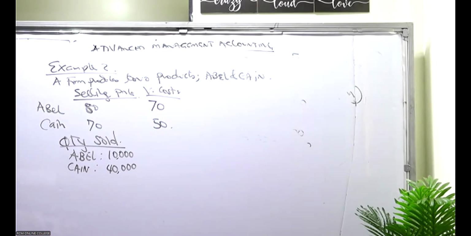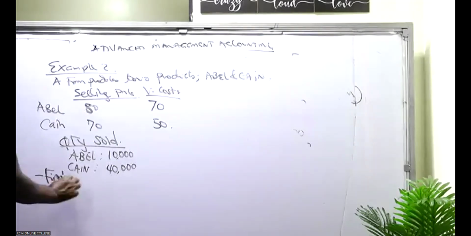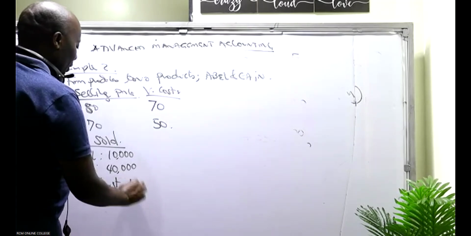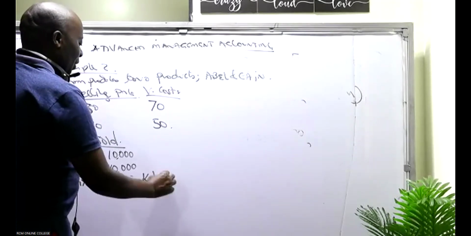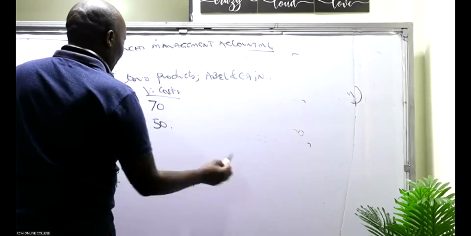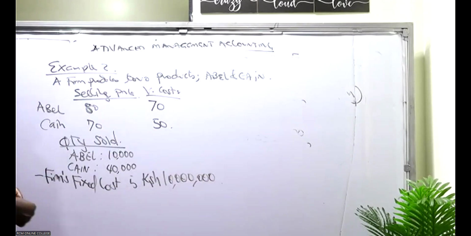The farm's fixed cost is Kenya shillings 10 million. The farm fixed cost is Kenya shillings 10 million.